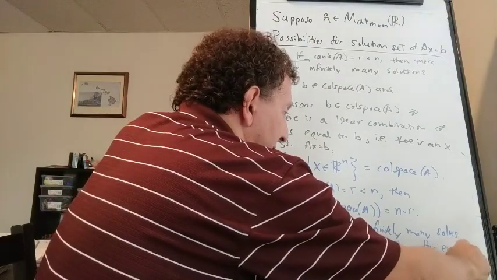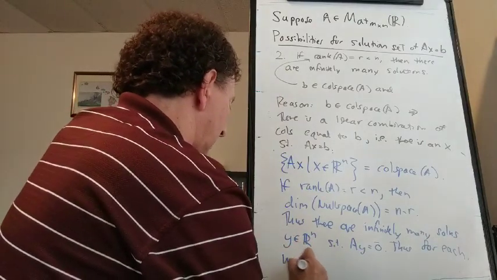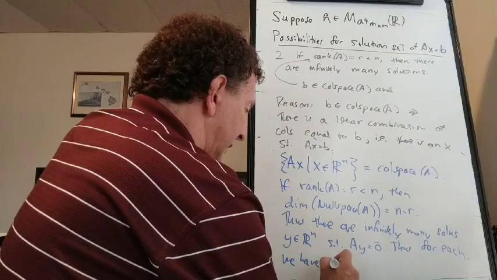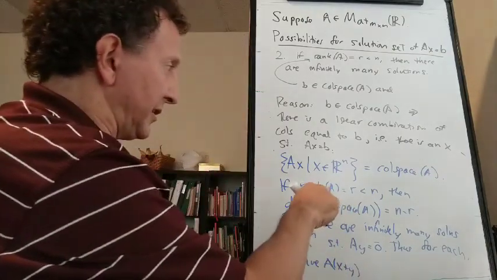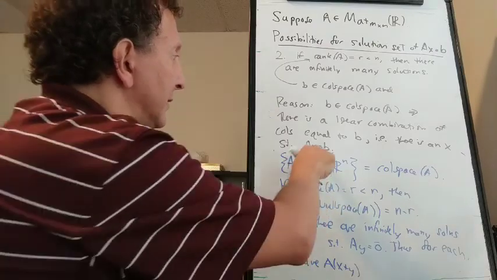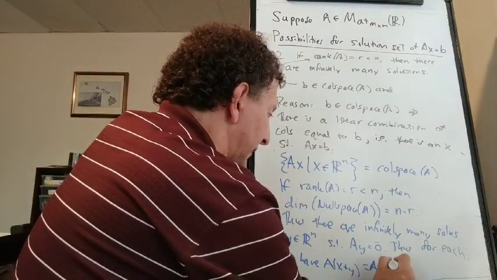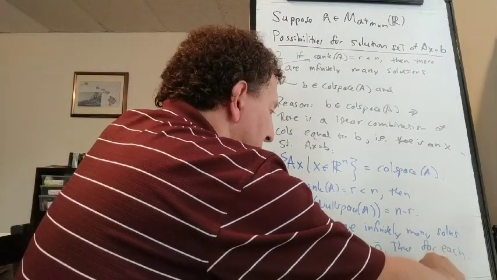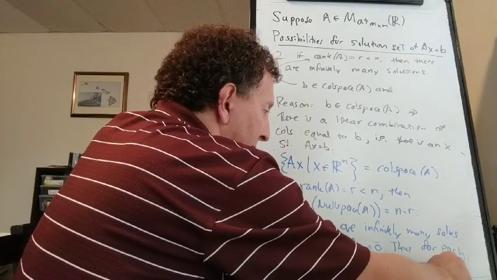And that means that for each of these, we have an X plus Y. So we could add it to X, where X is our linear combination that gives us B. A(X plus Y) equals AX plus AY, which is AX is B, AY is 0.